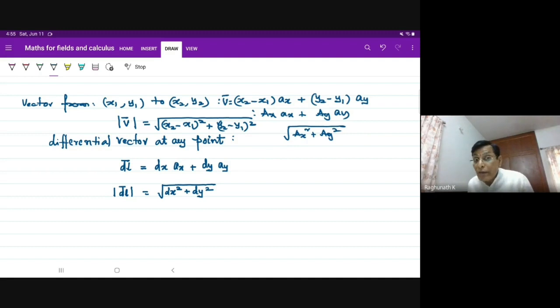Dl bar, wherever you go, is dx ax plus dy ay. Mod dl bar is the root of dx squared plus dy squared.